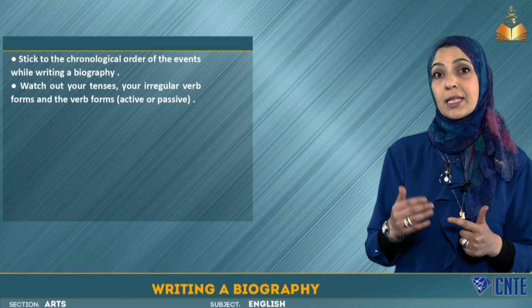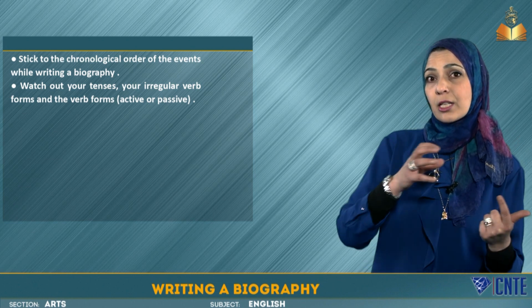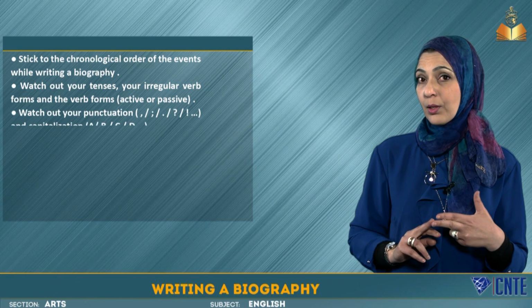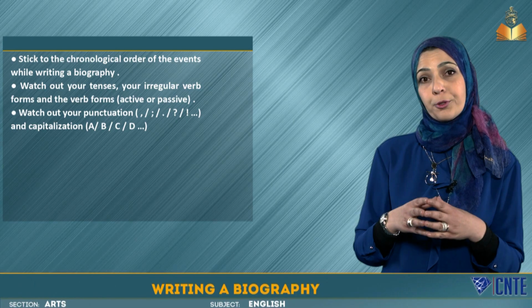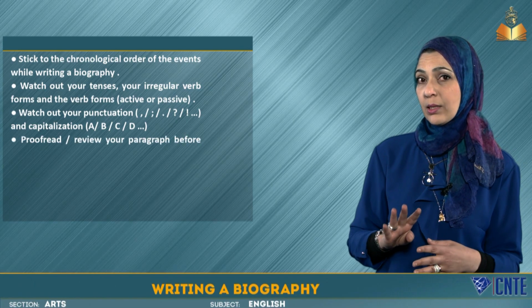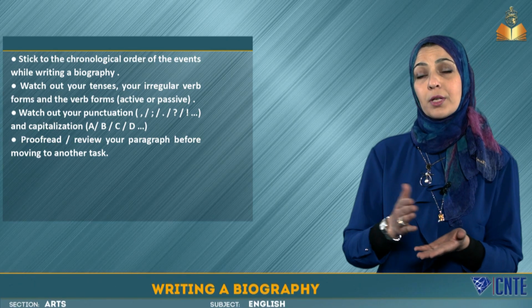Moreover, pay attention to the correct use of irregular verbs, as well as that of the active and passive voices. 3. Watch out your punctuation and capitalization. 4. Proofread or review your paragraph before moving to another task.